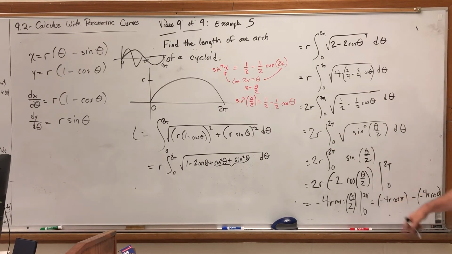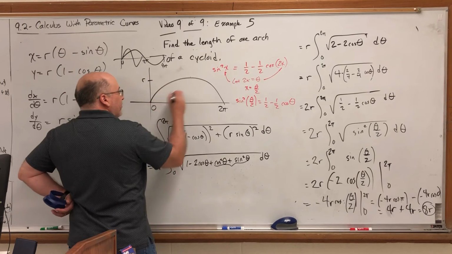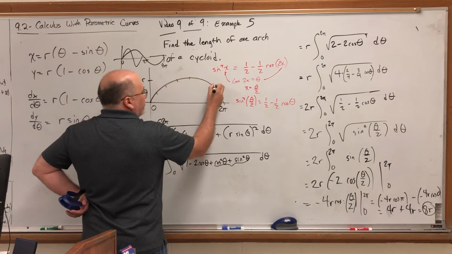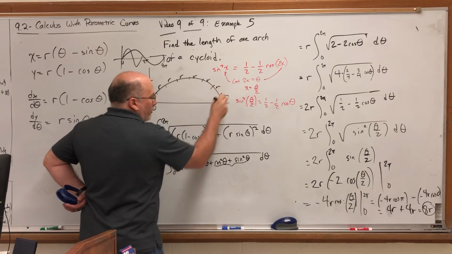This is negative 1 times negative 4r, which is 4r, minus, well, minus minus is a plus. Cosine of 0 is 1. 1 times 4r is 4r. Looks like it's 8r. Which means this point, upon one complete revolution, travels 8 radii all the way around.